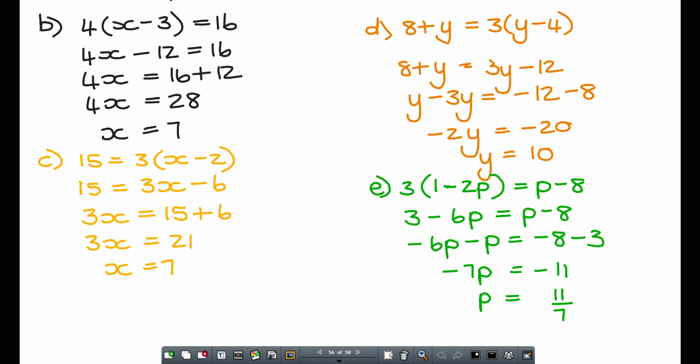It won't be wrong if you write it as a decimal, but rather stick to the improper fractions. Like just now we had 2 over 3, which is not improper. But I mean, leave it as a fraction.